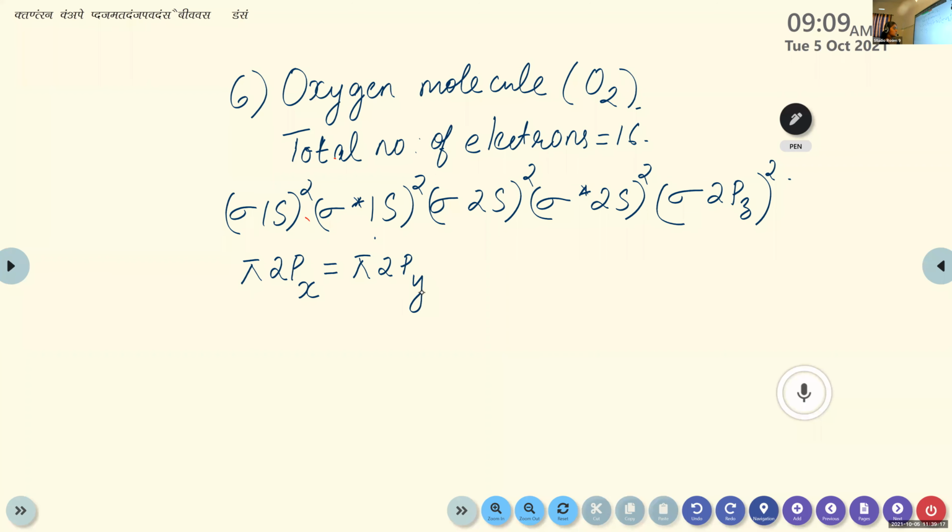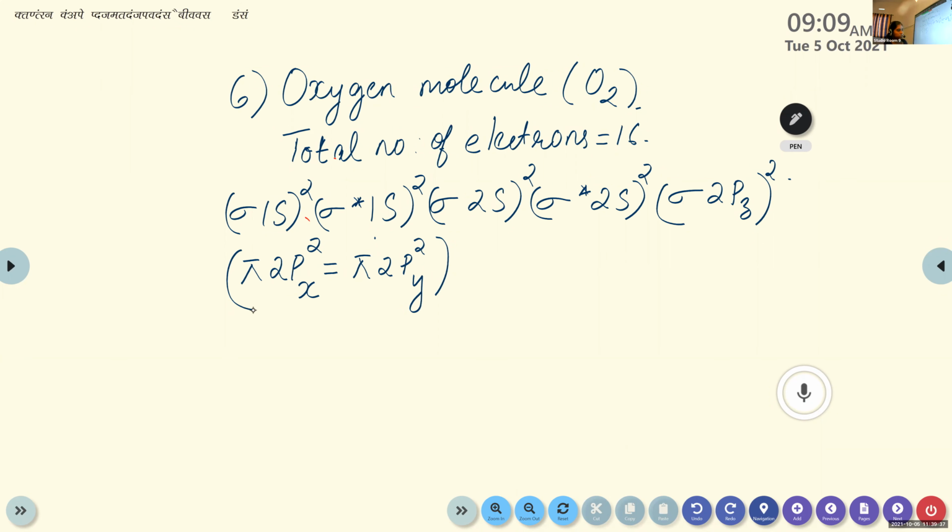Already 10 electrons are filled, so 2, 2, right? Then count the total number of electrons: 2, 4, 6, 8, 10, 12.